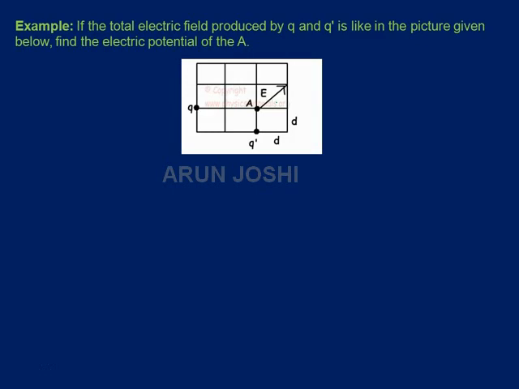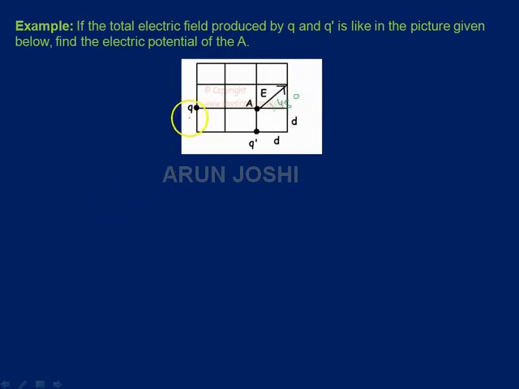Okay, again a very good question. The electric field produced by Q and Q dash is like in the picture given, and this is D and this is D, so this should be 45 degrees.